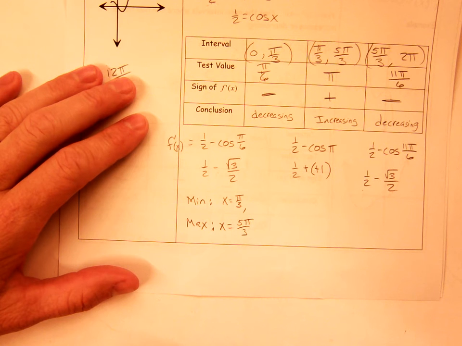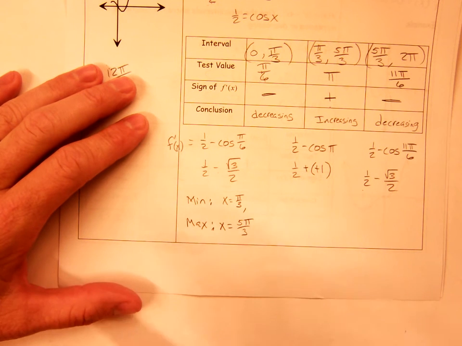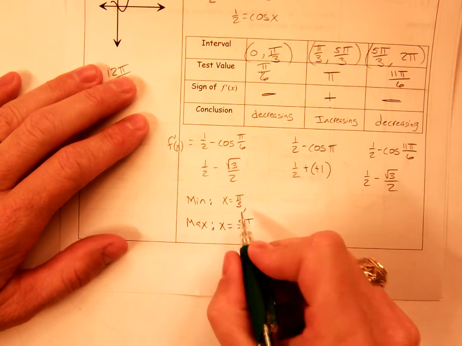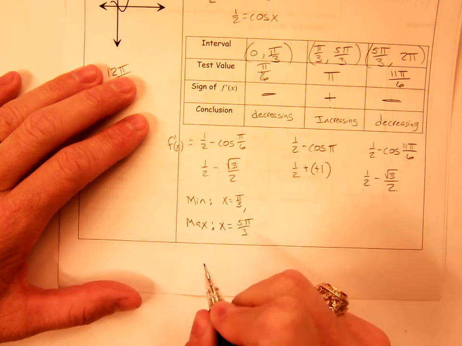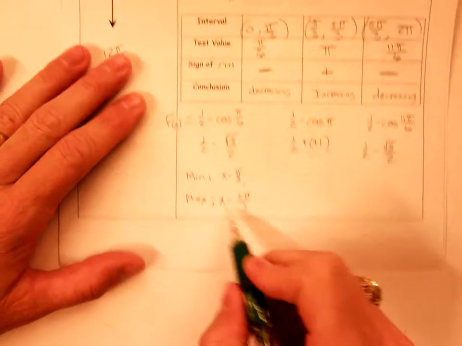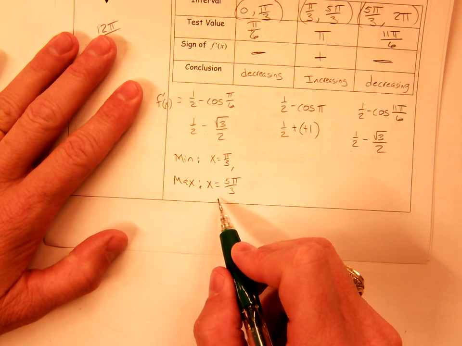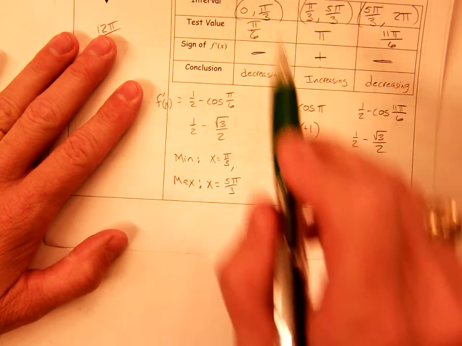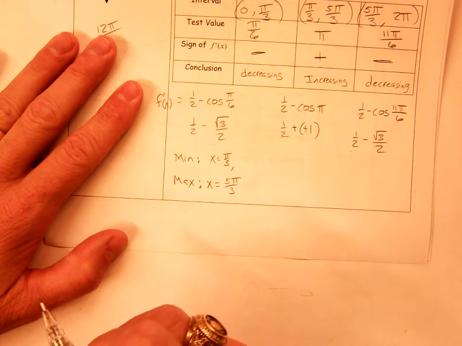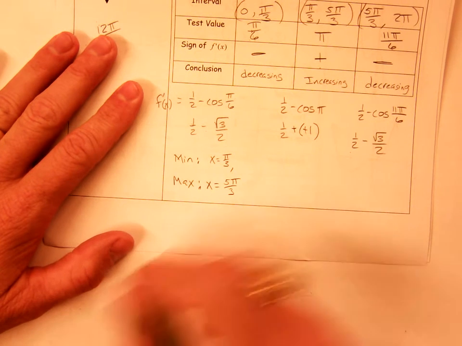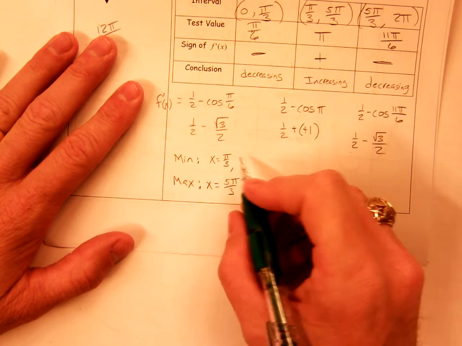And if you really wanted to, because a lot of times they want this, how could I find the y value for this? This is something that some of us struggled on that last test. How would I find the y value? Plug it into the original function. So that would be 1/2 pi over 3, so it gets kind of ugly there.